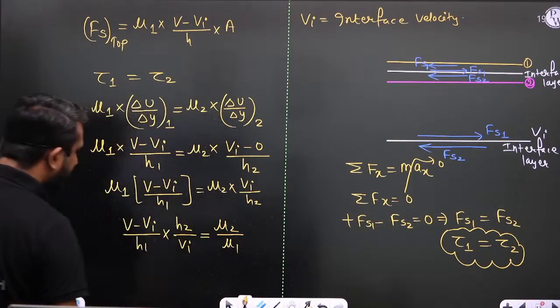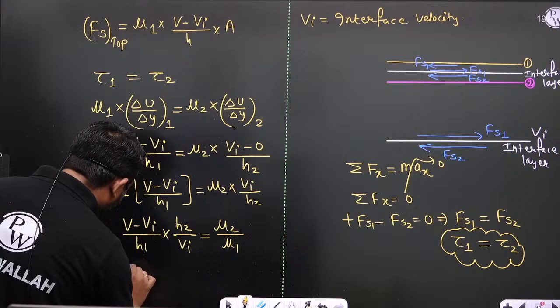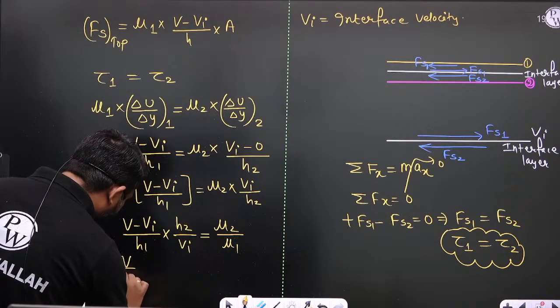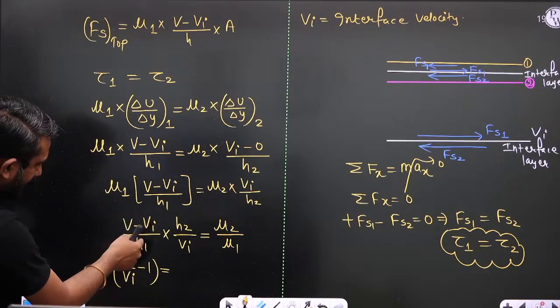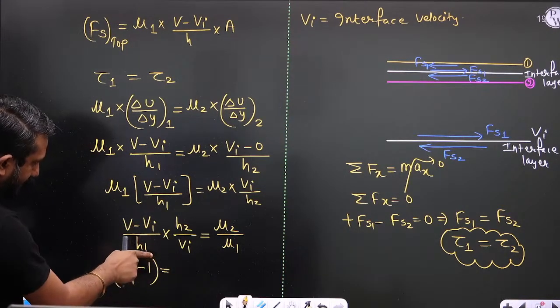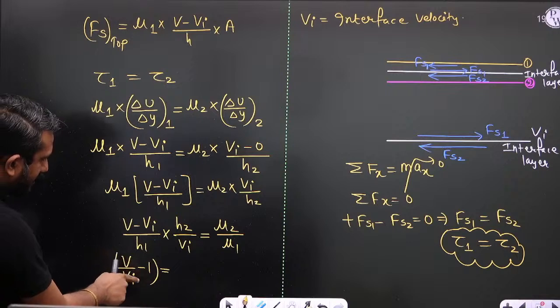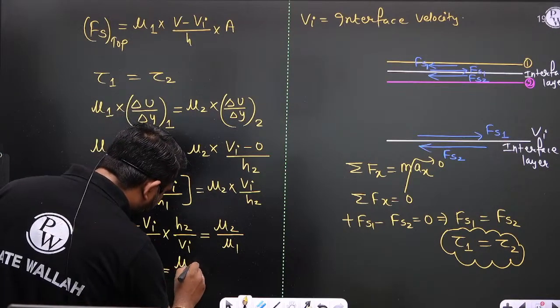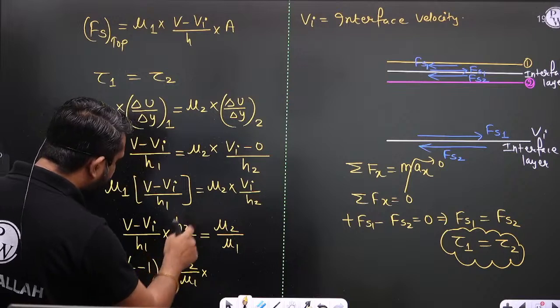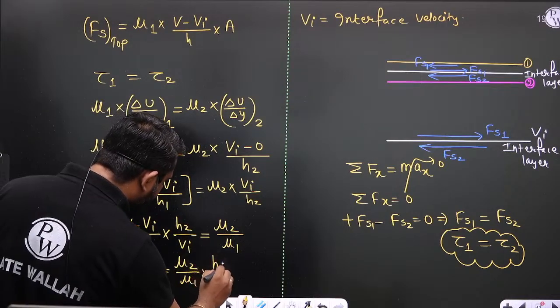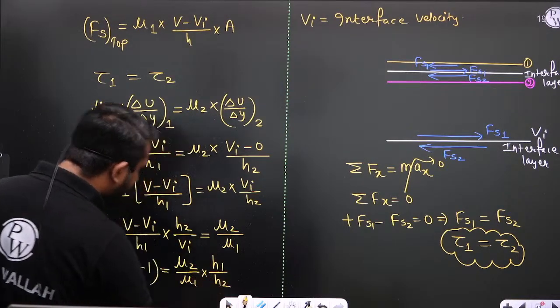Now V by Vi minus 1 is equal to V by Vi minus Vi by Vi, right? So V by Vi minus 1, and this is mu2 by mu1 into H1 by H2.